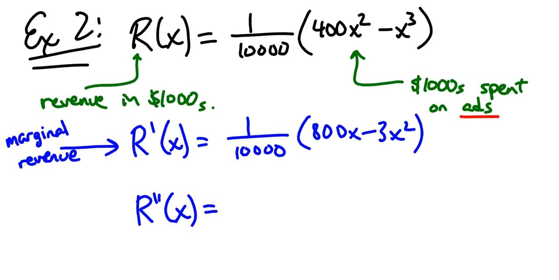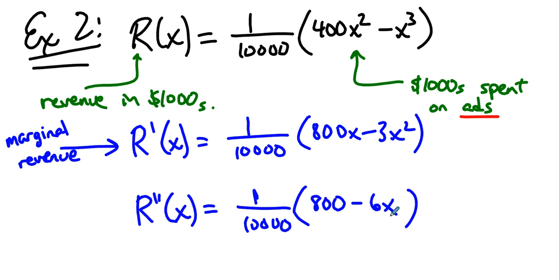R double prime tracks how R prime is changing. And so we take the derivative of R prime, that's 800 minus 6x in the parentheses. And so this tells us how R prime is changing.